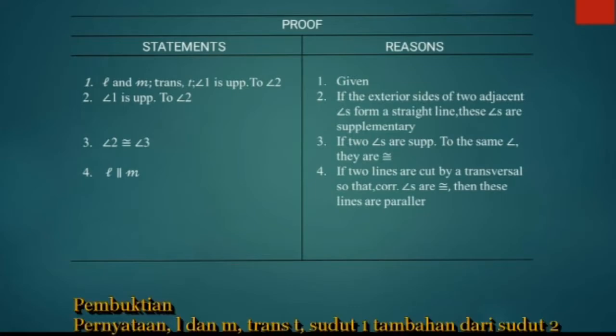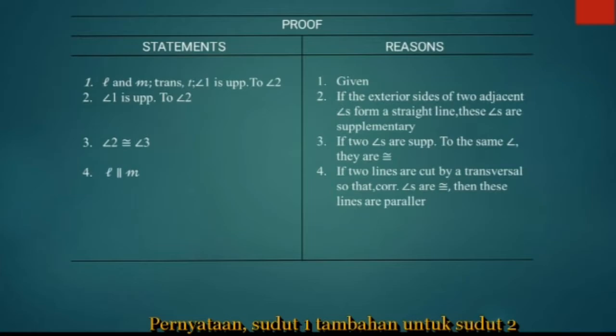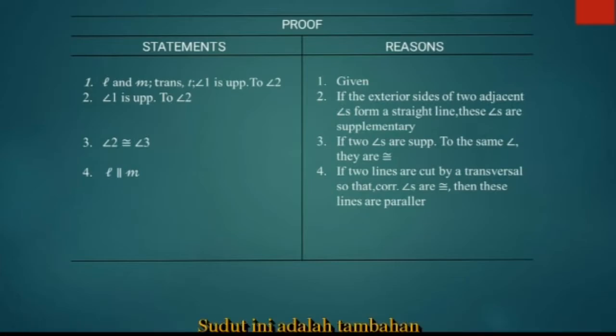Proof. Statement: L and M, transversal T, angle 1 is supplementary to angle 2. Reason: given. Statement: angle 1 is supplementary to angle 3. Reason: if the exterior sides of two adjacent angles form a straight line, these angles are supplementary.